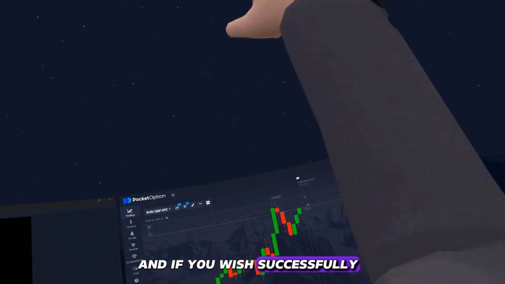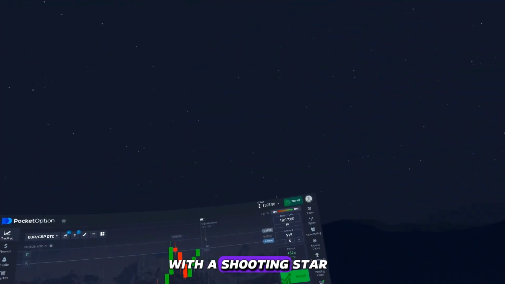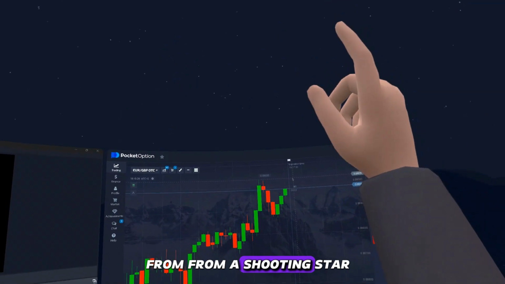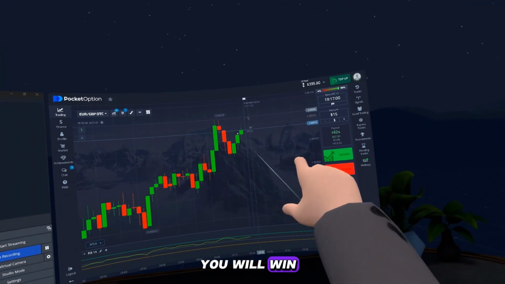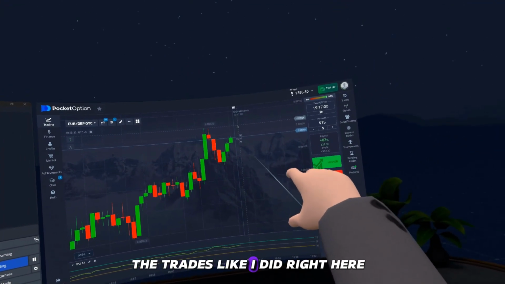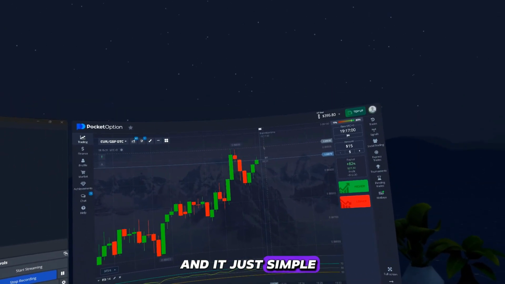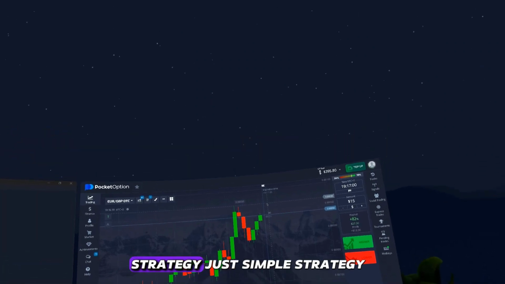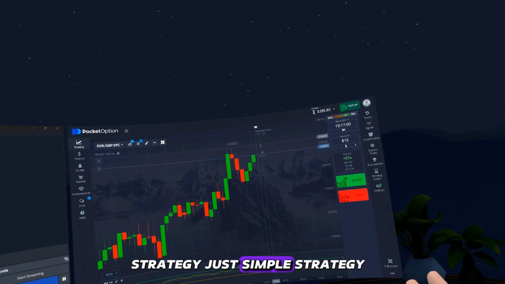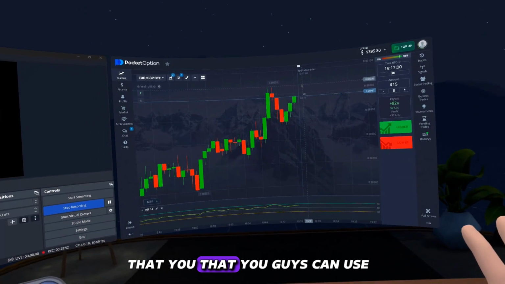And if you wish successfully with a shooting star, you will win the trades like I did right here. And it's just a simple strategy that you guys can use.